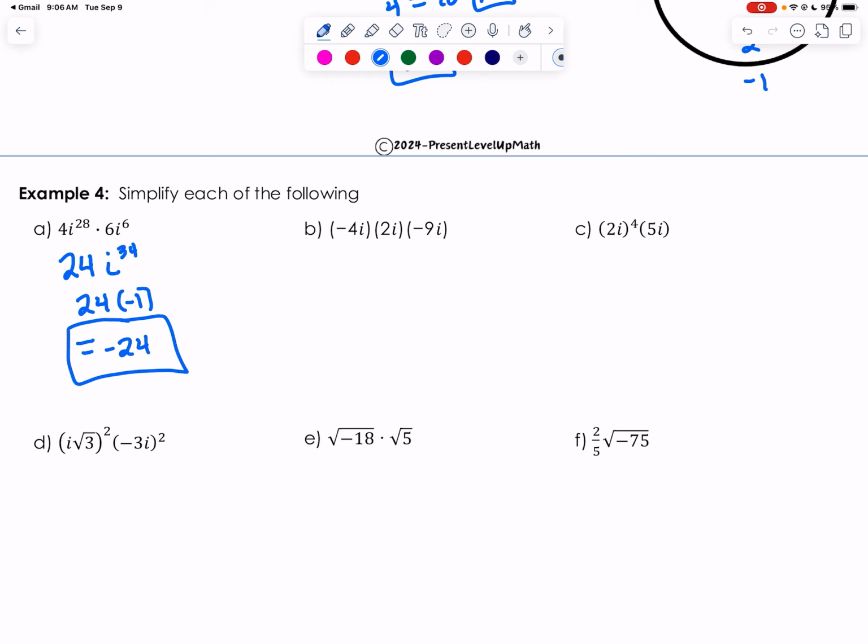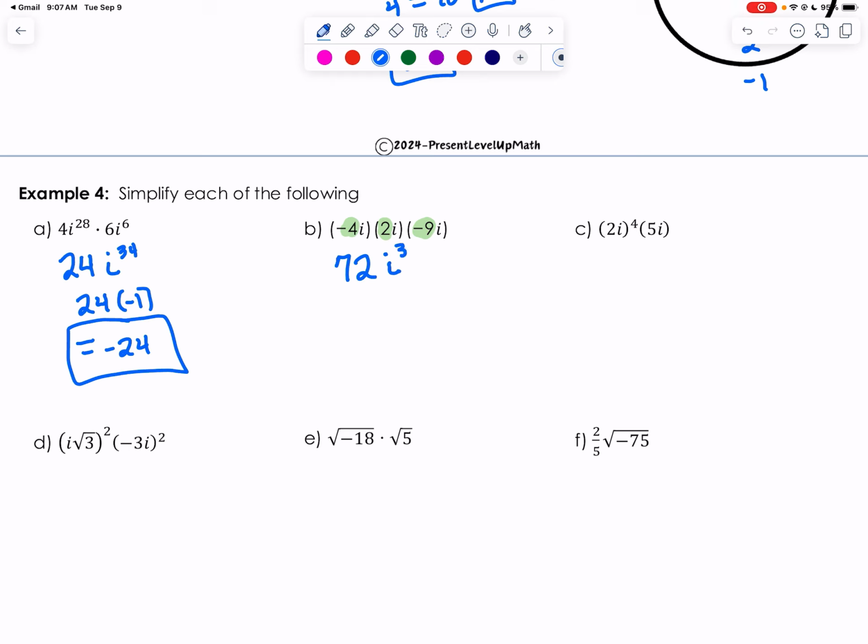All right, problem B. We have negative 4i times 2i times negative 9i. So the first thing I'm going to do is multiply my coefficients. So I'm going to multiply the negative 4 times the 2 times the negative 9. So that would give me 72. Now I'm going to multiply the i's. So i times i times i would be i to the third power.